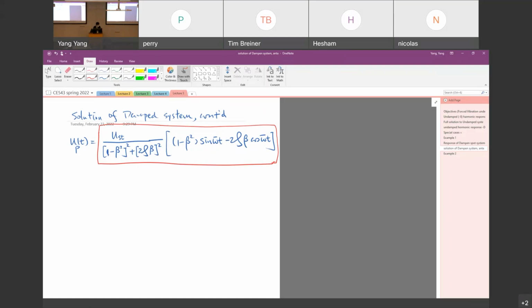Basically, the particular solution here is a sine wave.